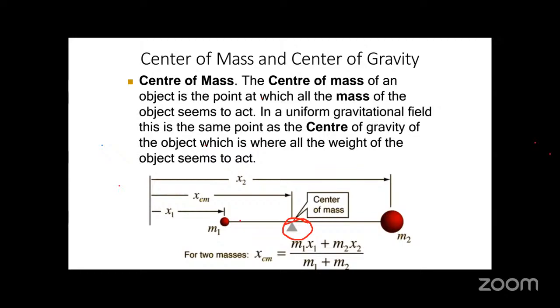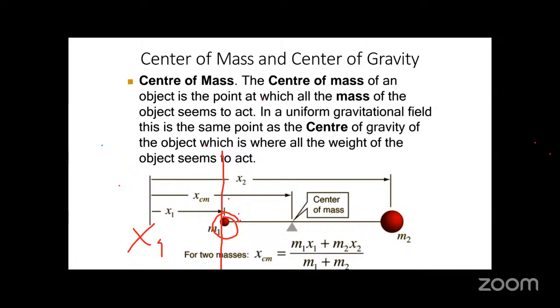Okay. But in real life, where would the origin be? What would we see the origin as? The origin will be anywhere you choose. If you put the origin here, it means that this mass will have no x.